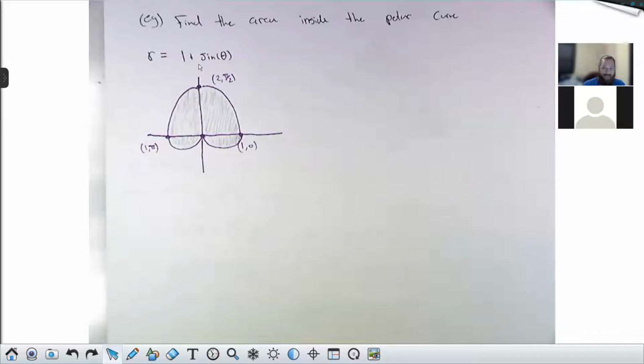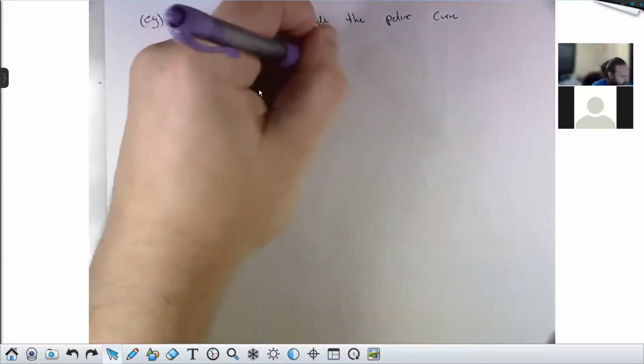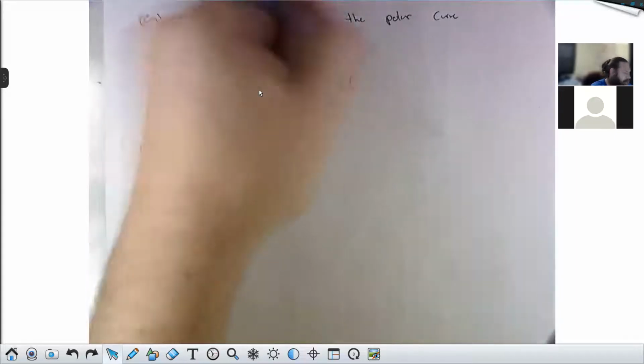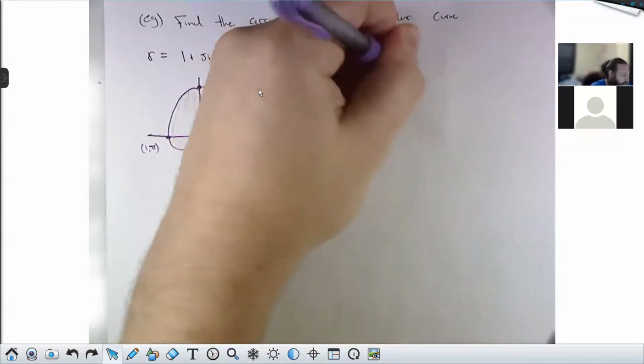There's a few nice ways you can exploit symmetry here. We could set up the integral. So let me first just write down the kind of obvious thing. We know our formula for area. I'll start by just writing that down. It's the integral from alpha to beta of 1/2 r of theta squared d theta.